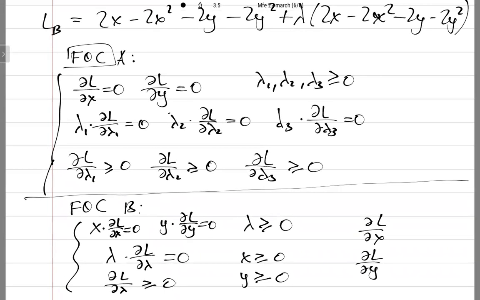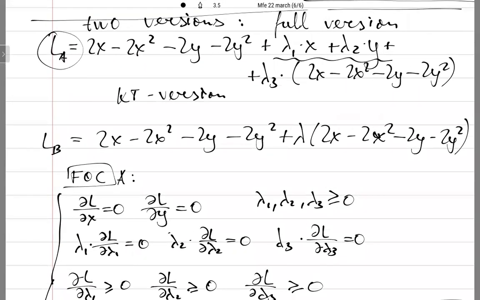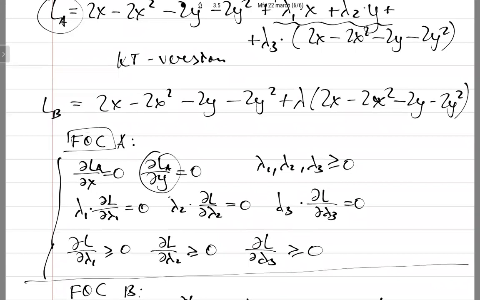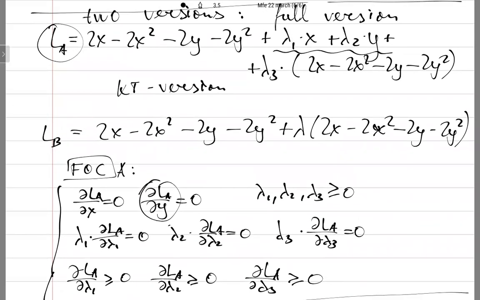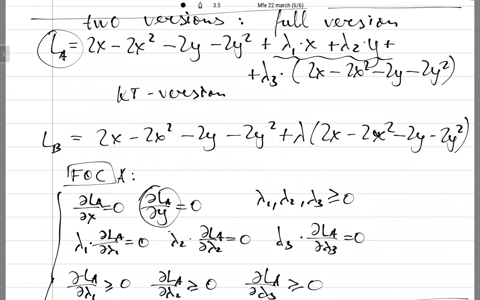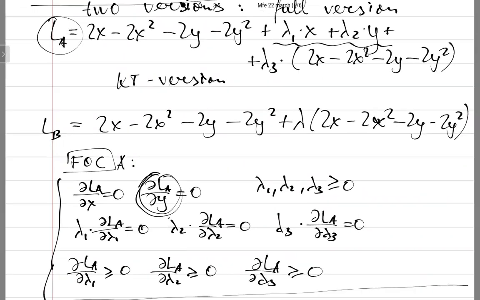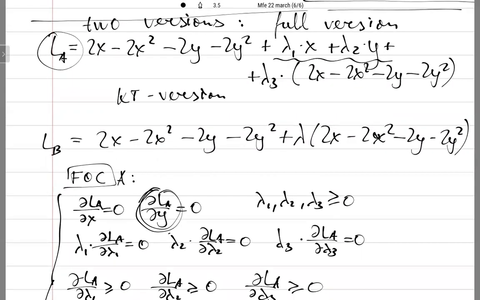So in case B, who remembers what should be the sign of dL/dx and dL/dy? All positive? No. If you look at this expression, if I take the full dL/dy, the difference will be only in one term.